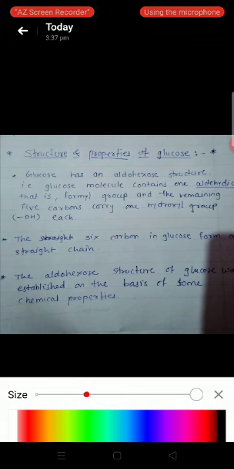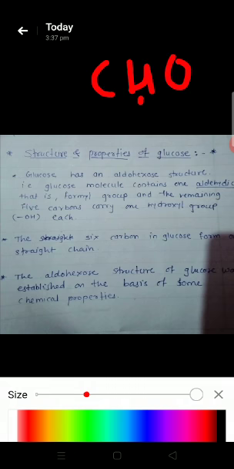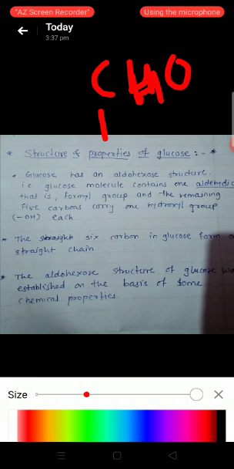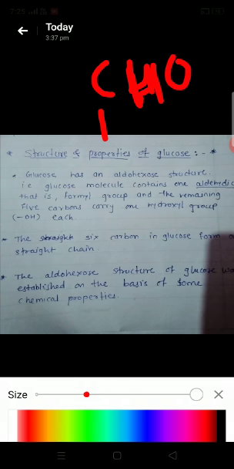Students, glucose has an aldohexose structure. See here, the first carbon atom has a CHO group.